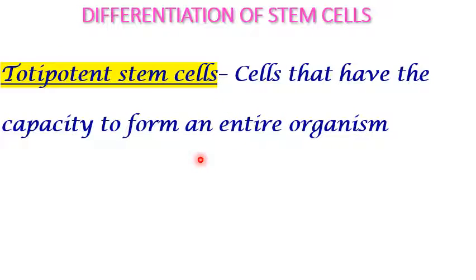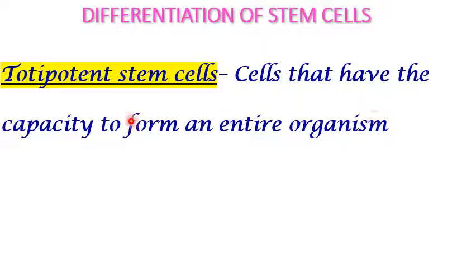As it says, these are the cells that have the capacity to form an entire organism. All stem cells that exist can be classified into 5 groups. One among them is totipotent stem cells, and these are present in all of the placental animals, including human beings like us, where they form tissues like the placenta.